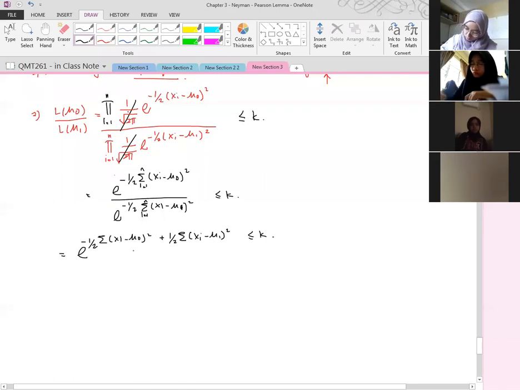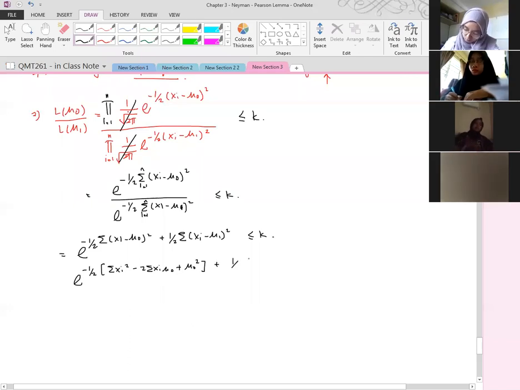So we need to do expansion for this one, right? So it becomes exponential negative 1 over 2, right? Summation of xi squared minus 2 summation of xi mu naught plus mu naught squared, right?